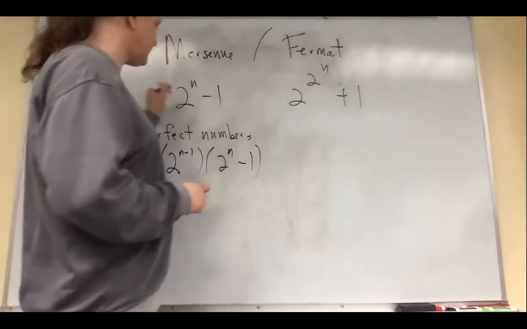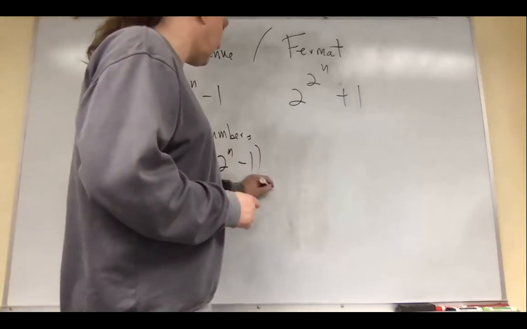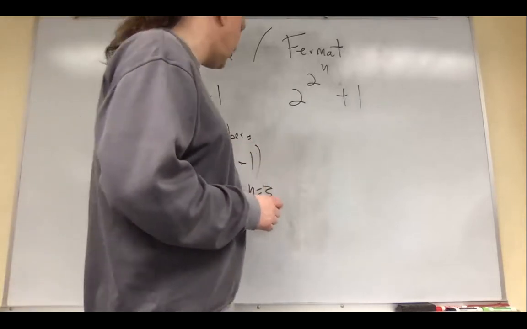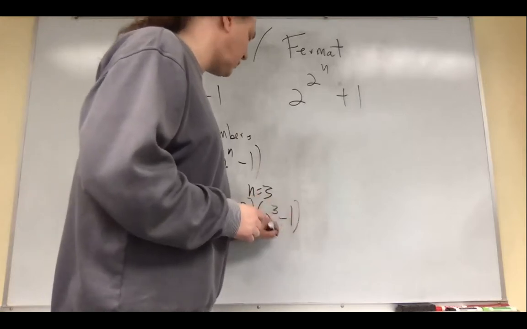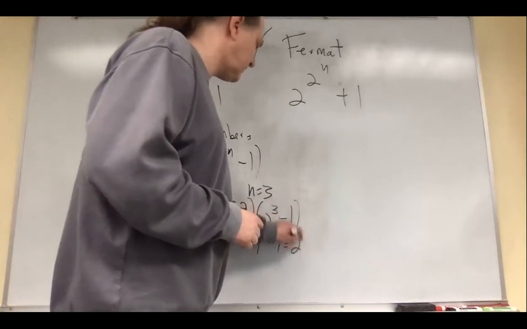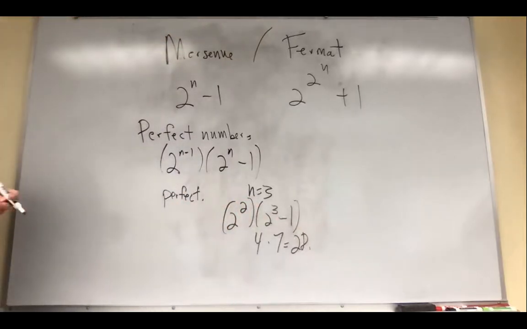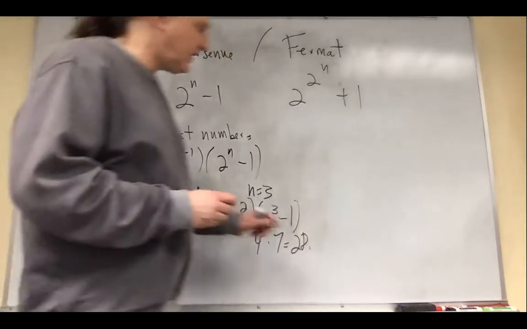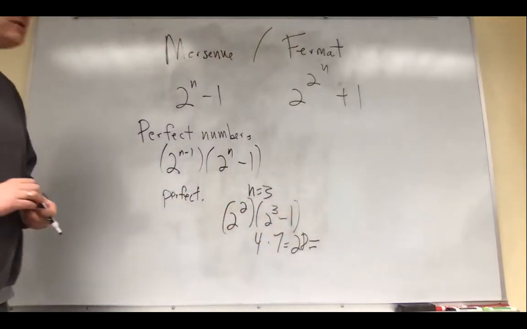So when n equals 3, I said this number is prime, and that's true. So for n equals 3, we get 2 squared times 2 cubed minus 1. This is 7. This is 4. This is 28. And what does it mean to be perfect? 28 equals the sum of all of its factors.